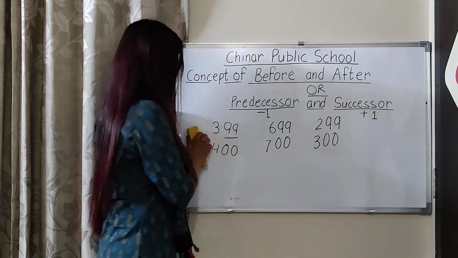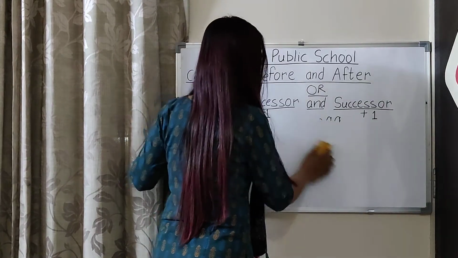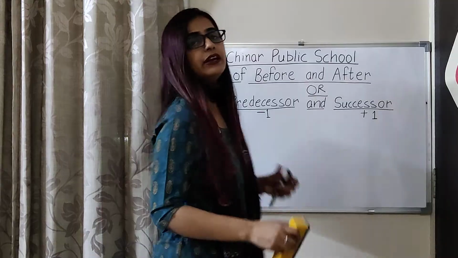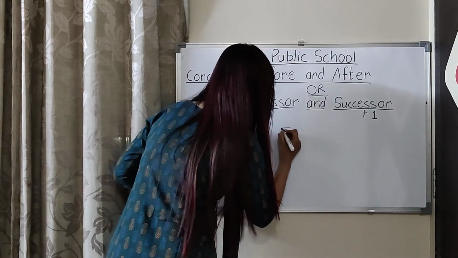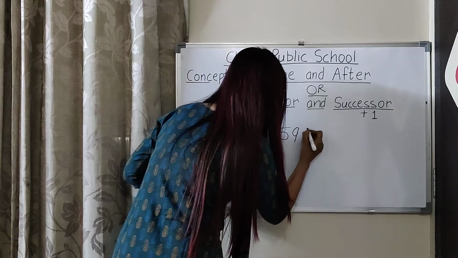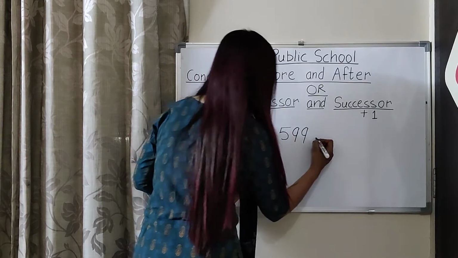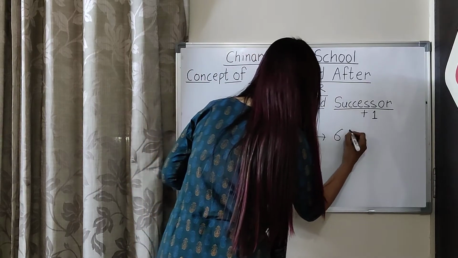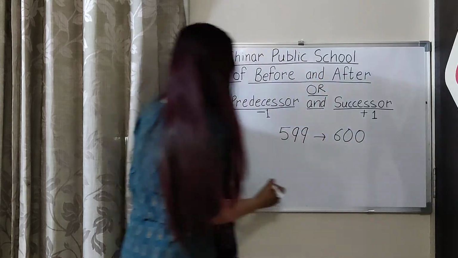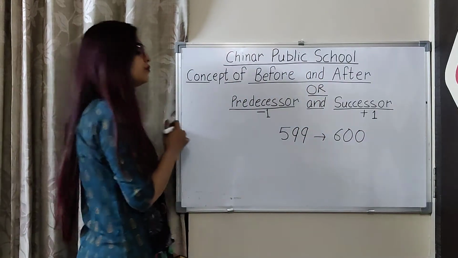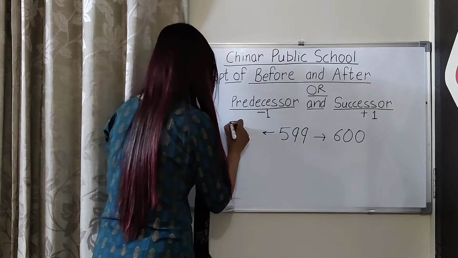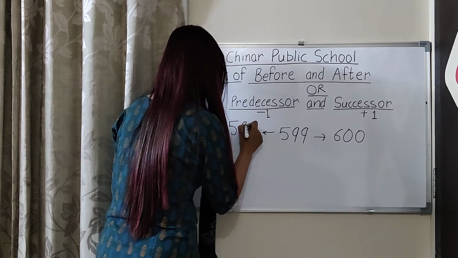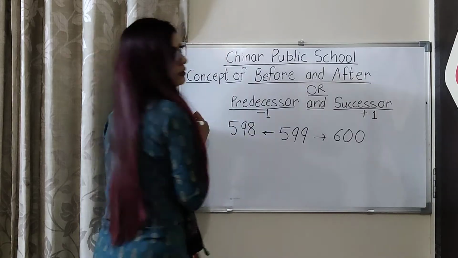Now tell me what will be after 599? It will be 600, right? And what will be before 599? It will be 598.